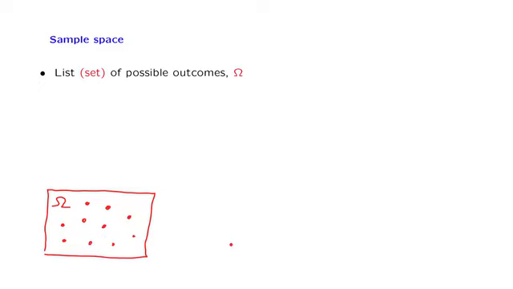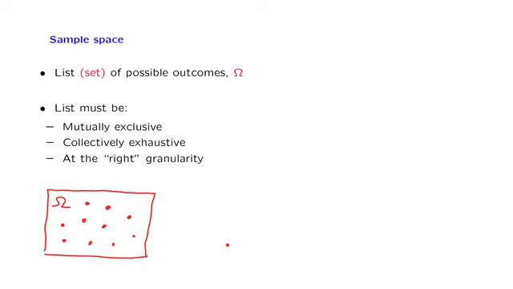The elements of that set should have certain properties. Namely, the elements should be mutually exclusive and collectively exhaustive. What does that mean? Mutually exclusive means that if at the end of the experiment I tell you that this outcome happened, then it should not be possible that this outcome also happened.